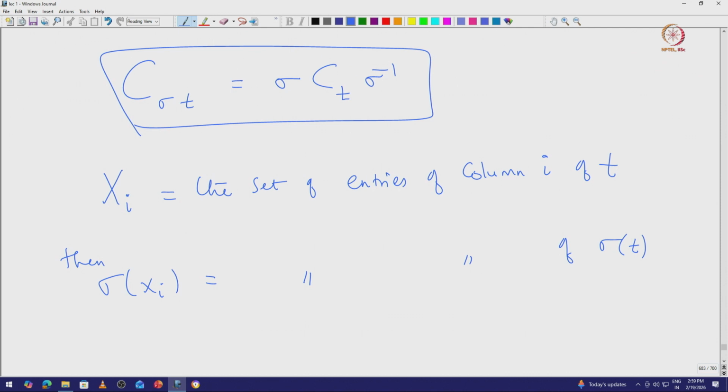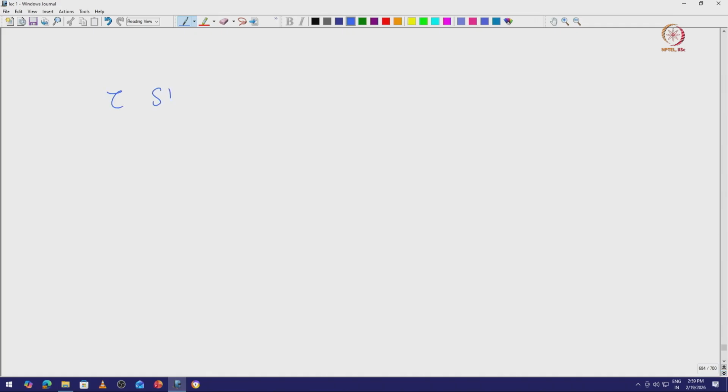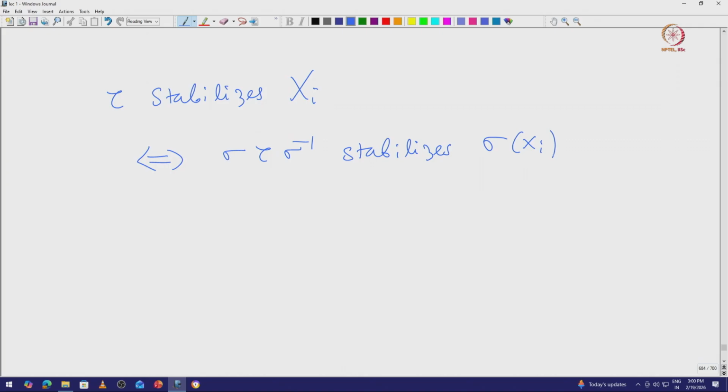So, suppose tau stabilizes X_i. Then, if and only if, sigma tau sigma inverse stabilizes sigma of X_i. That means that tau is in C_t if and only if sigma tau sigma inverse is in C_{sigma t}.